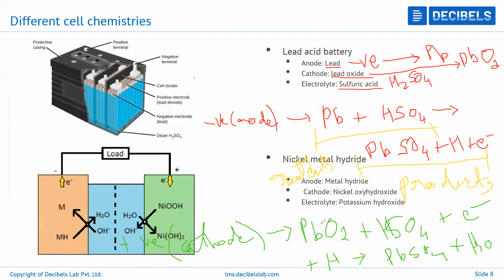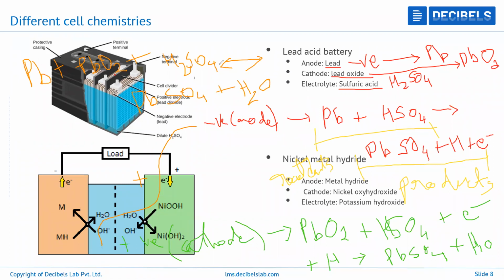If you add these two reactions, you get what is called the overall reaction. So let's write that down. Your overall reaction will be the sum of these two put together. If you add them, you get lead Pb plus lead oxide PbO2 plus H2SO4, reversible reaction, lead sulfate plus H2O, water.